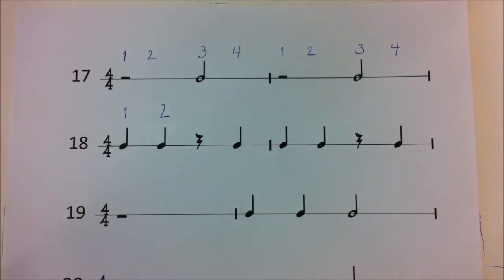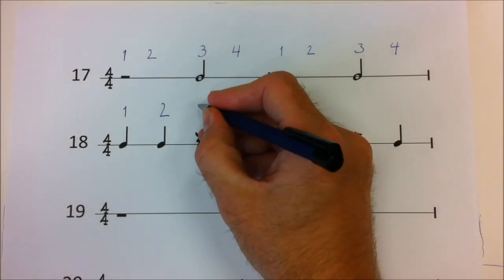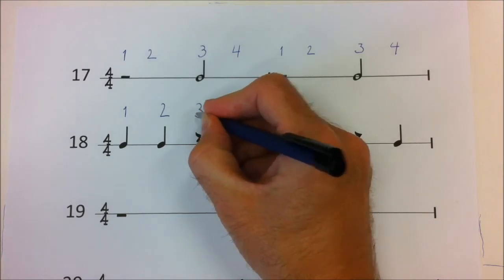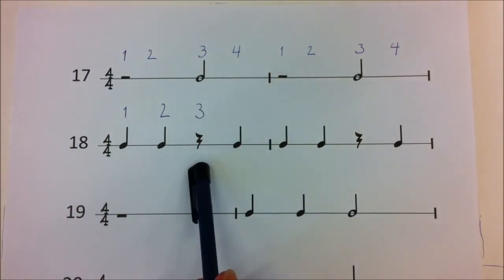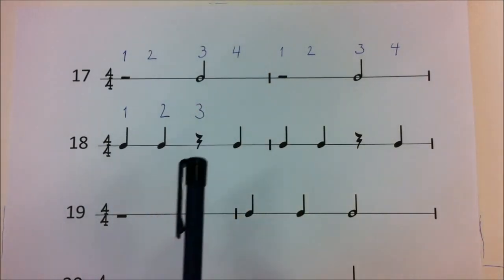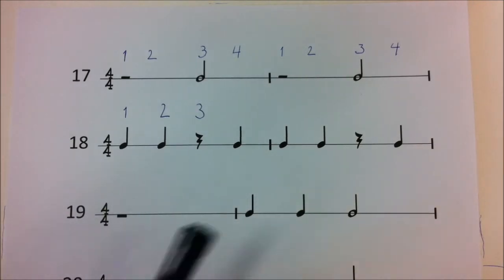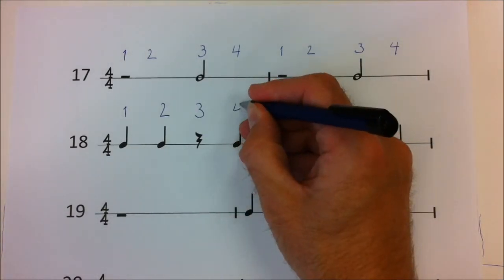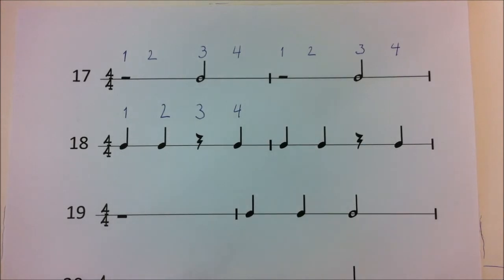And here it is, the next symbol, the rest, in this case the quarter rest. And a quarter rest has the same length as a quarter note, which means that it covers 1 beat, and that would be beat number 3. So the next thing up is on the 4th beat, and in this case another quarter note. It's a pretty simple rhythm, but just to get familiar with the quarter note and the quarter rest.